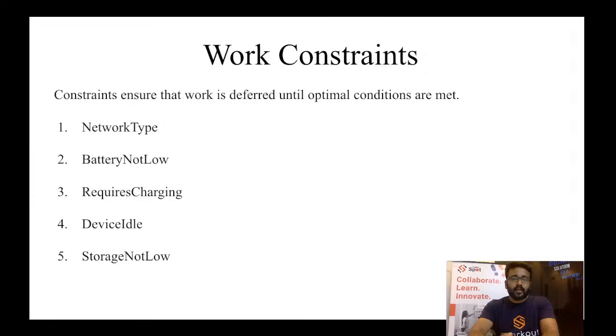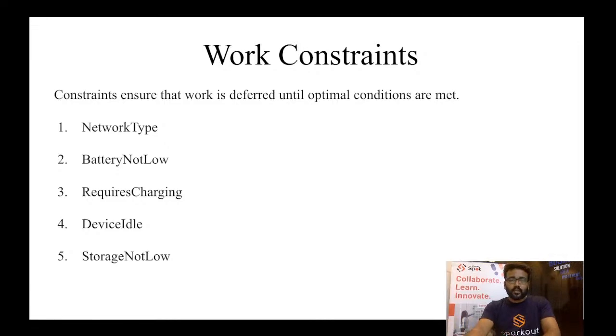And device idle. And another one is storage not low, which is a boolean function, and this constraint may be used on downloading a set of images. If we download a set of images through the internet, we will be storing the downloaded images on the device in a specific path.